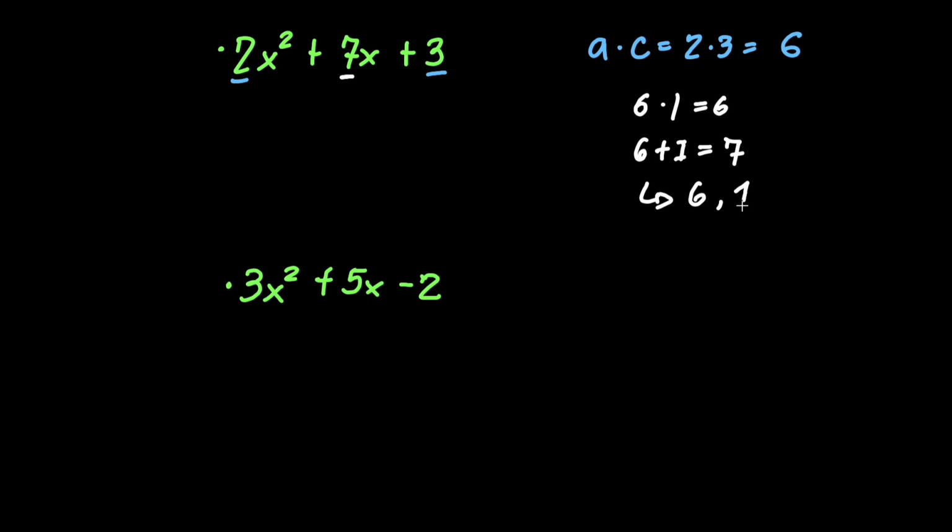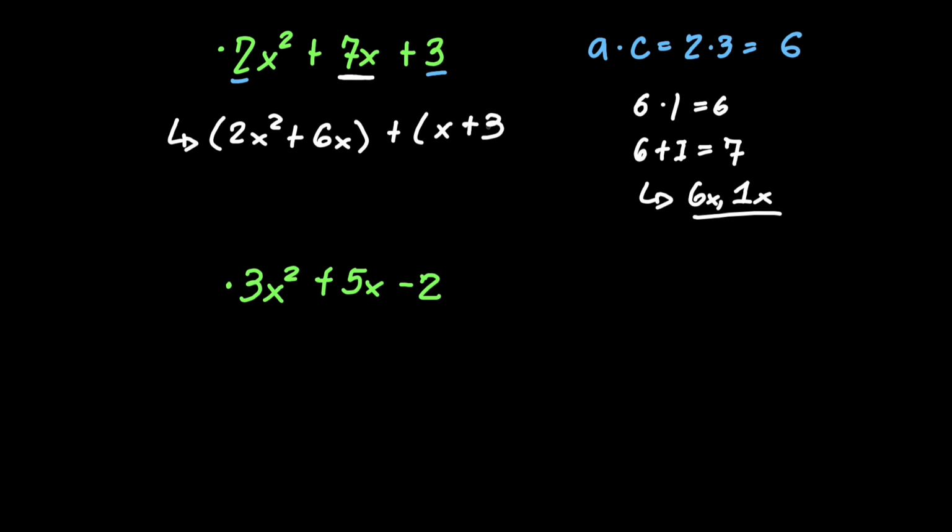So 6x and 1x would be your two terms that will replace this middle coefficient. So it would be 2x squared plus 6x plus 1x, or x, plus 3. Now factor this.